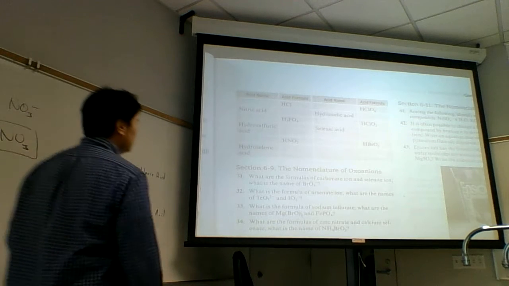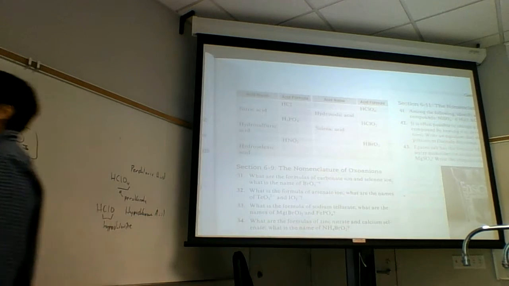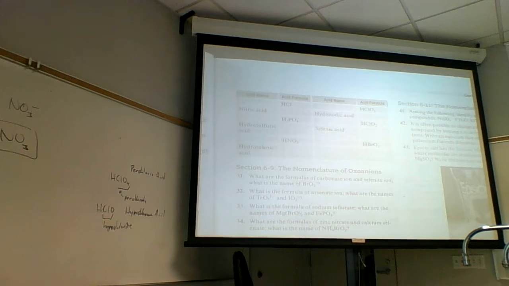All right, what's the anion here? PO4. Well, we know the charge. It's going to be PO4 3 minus, which is called phosphate. So it's an ate.